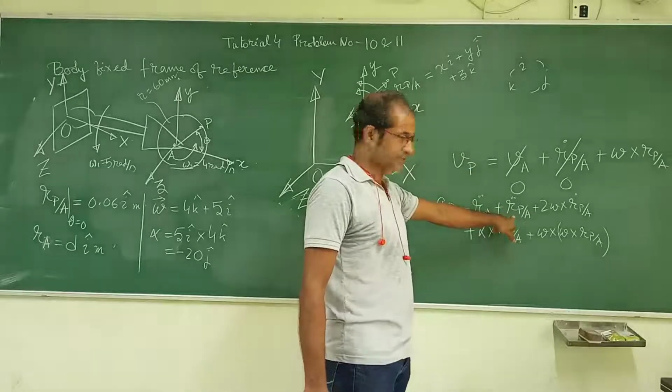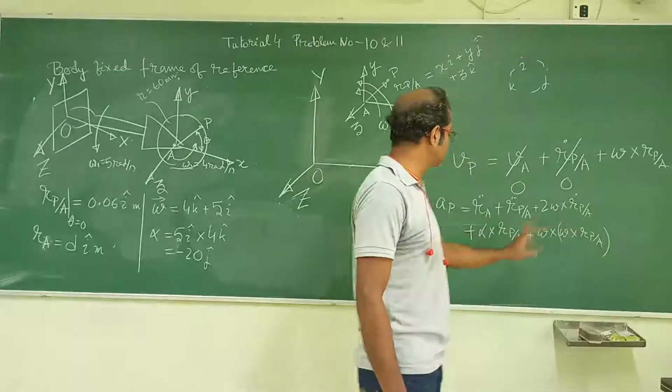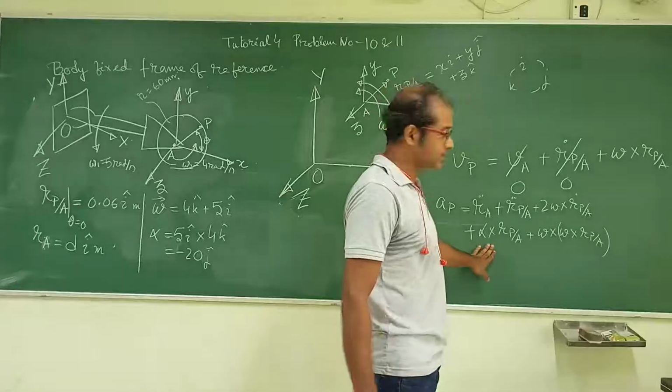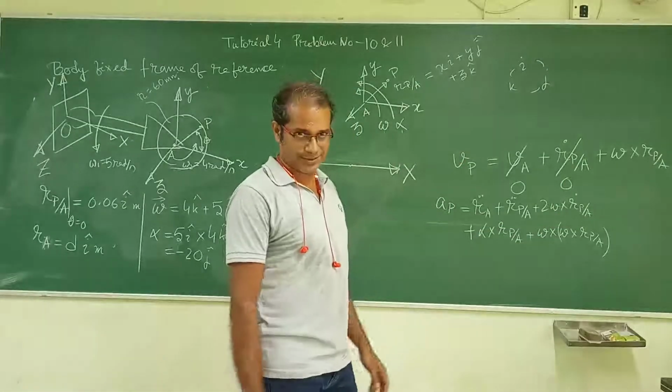This is the local acceleration, this is the Coriolis acceleration, this is the tangential acceleration and this is your centripetal acceleration.